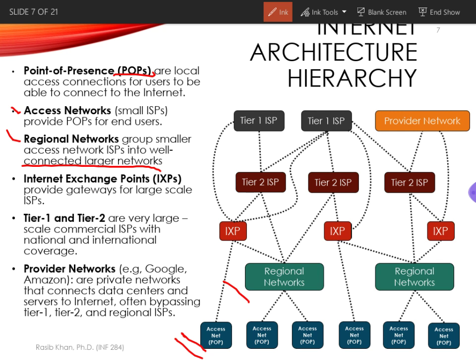And as the name suggests, this is very specifically related to the geographical location of these access networks for the smaller ISPs. Something in the middle, which provides only the connection but not a particular form of internet service, is what we call the internet exchange points. They are just connection points and provide gateways for large-scale ISPs to be able to connect to each other.